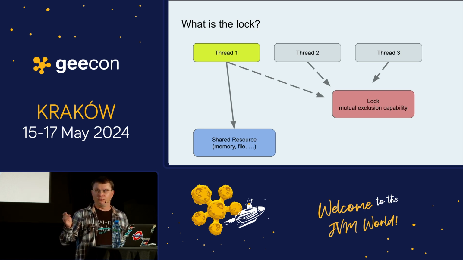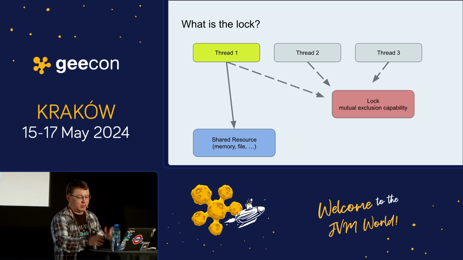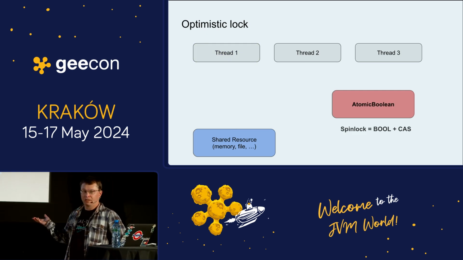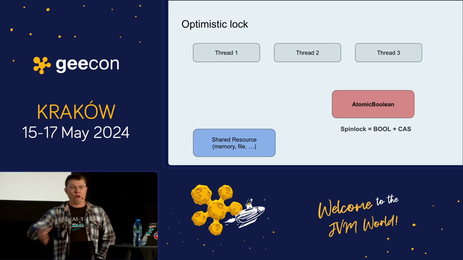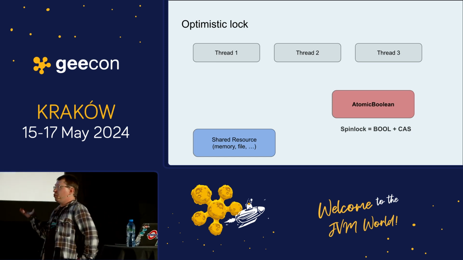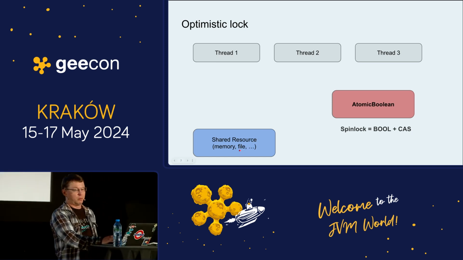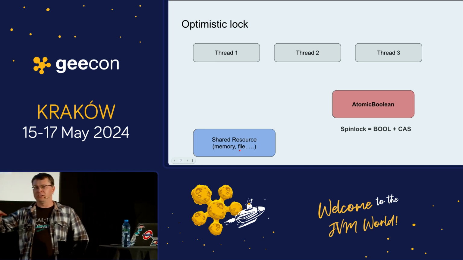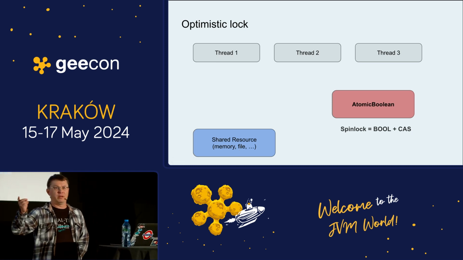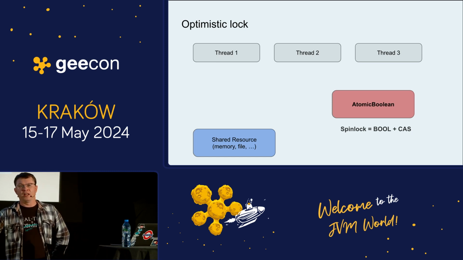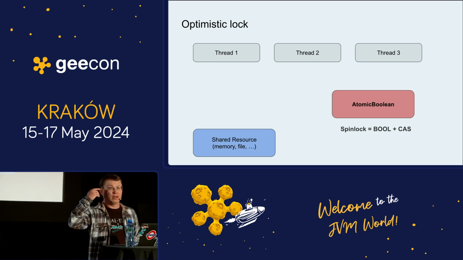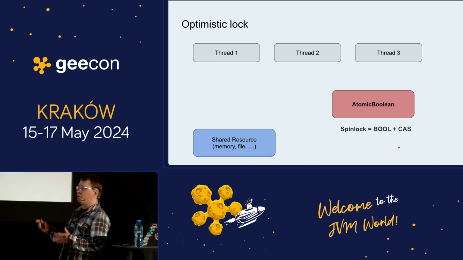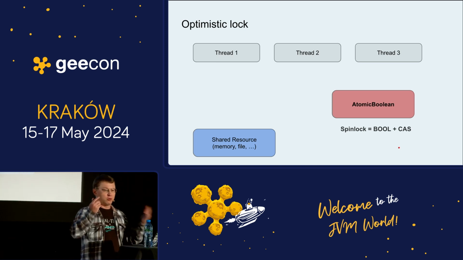What kind of locks can we use in a traditional Java approach? The simplest one could be the spin lock or spin loop. To implement this, you can take an atomic Boolean. Maybe we can use not even an atomic Boolean, but some Boolean variable with a volatile modifier, and exclusively change its state from true to false or from false to true.